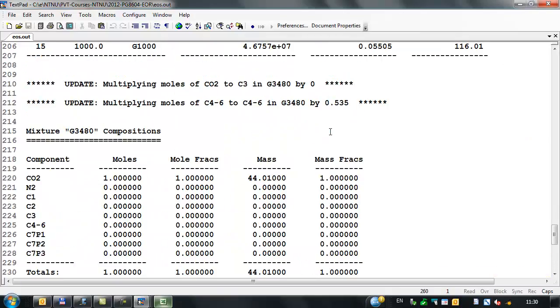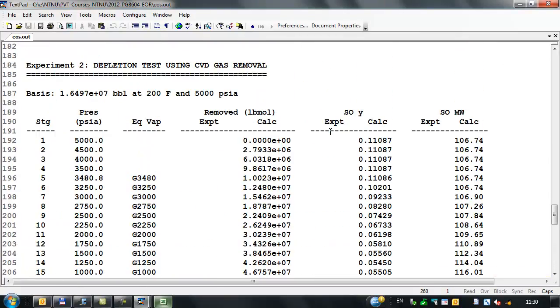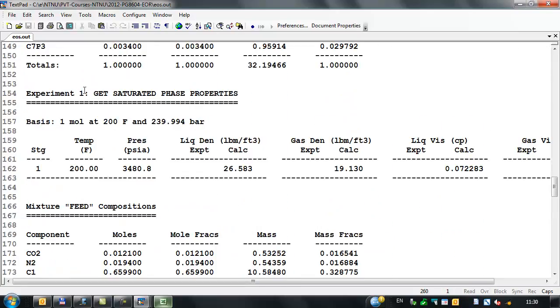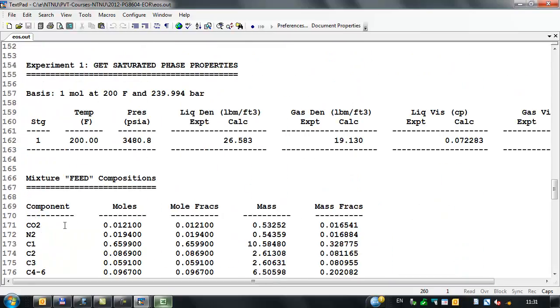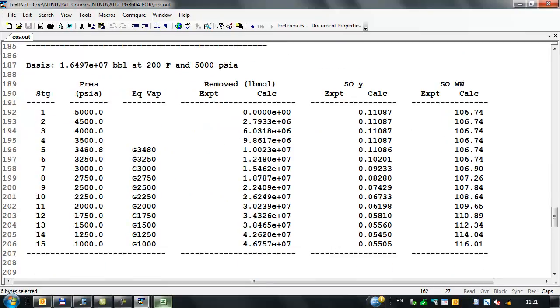All right, so we've still got our G3480. We're storing these tanks. This is the moles removed. This is the surface oil lump component and the gas.